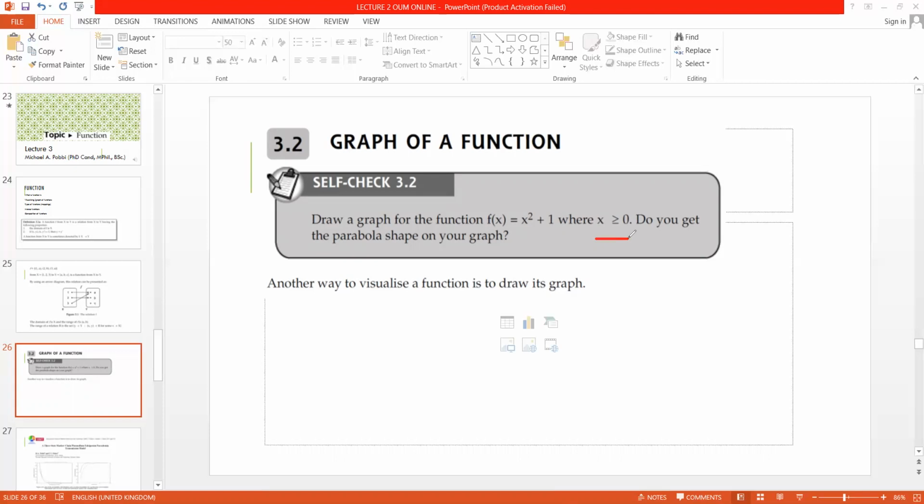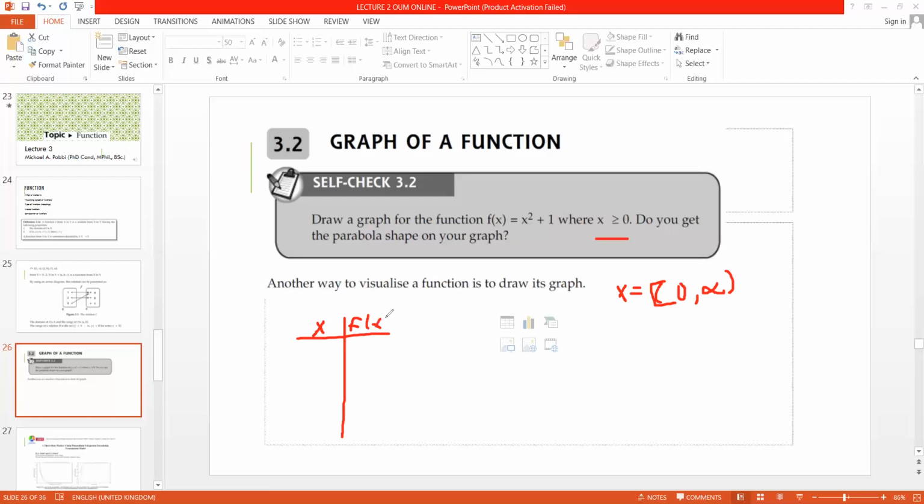Numerical approach, what I mean is you select a few points within the domain. The domain has been clearly stated as x greater than or equal to 0. So it means our domain starts from what? 0. So we've got 0 inclusive, so we've got 0 to what? To infinity. Okay, good. So if we're to select points on this graph, it's going to be x, and then f of x here, or what we refer to as y.